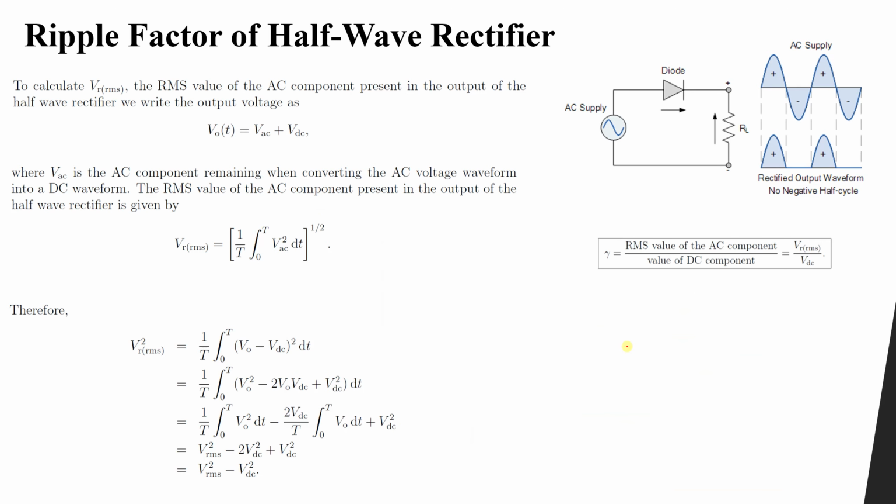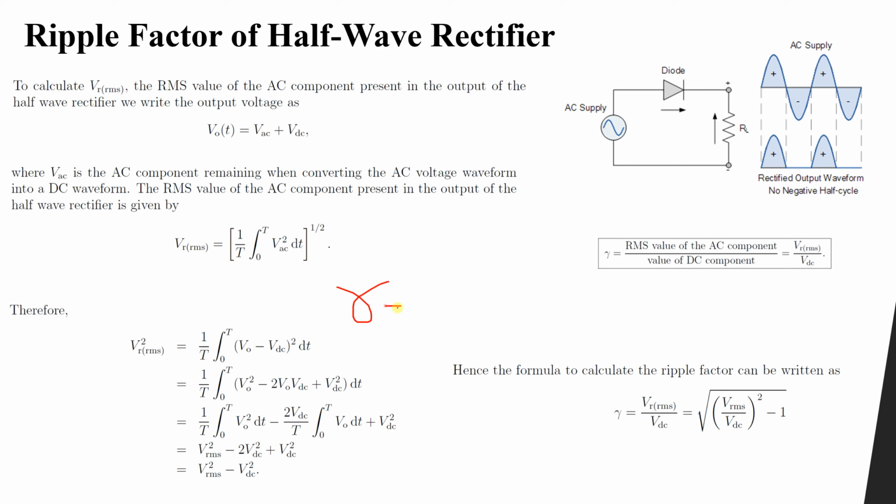So here VRMS will be like this. How did we get this? Very simple. Gamma is equal to the root mean square of this part. So if we remove this square, it will be the root of (VRMS square minus VDC square) divided by VDC.